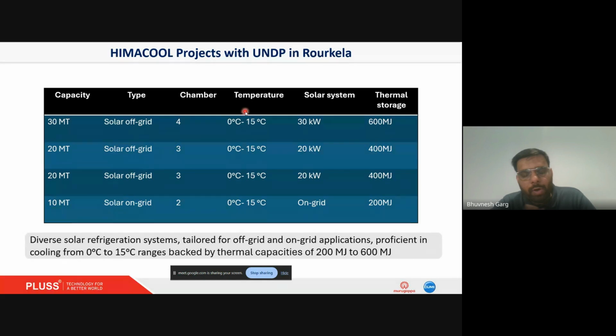We can put the PCM which is suitable for your temperature. Let's say you want to maintain 15 to 25 degrees Celsius in your cold room, we will choose a PCM of 22 degrees Celsius, so that it can maintain up to 25 degrees Celsius easily. So it is up to requirements.